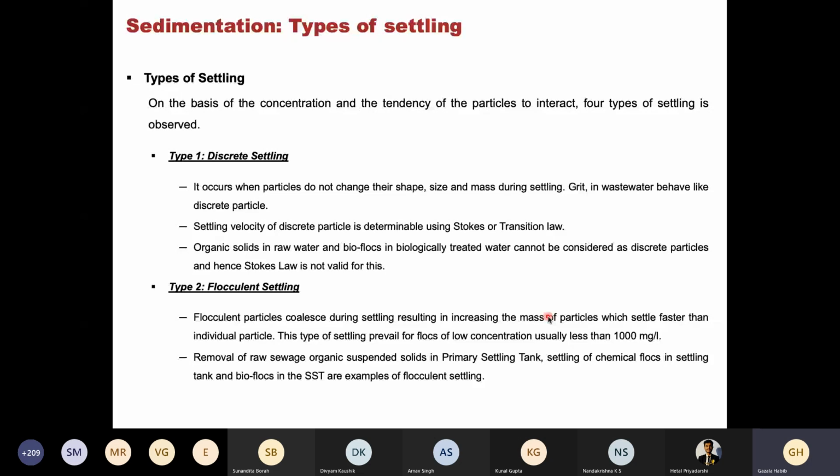Flocculent settling: when the particles are not heavy enough, they are light in weight. Especially in the coagulation process, when we put the coagulant in the water, what happens? For example, in the case of alum or magnesium related coagulant, it forms aluminum hydroxide.